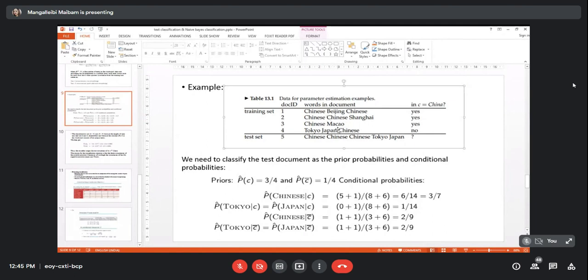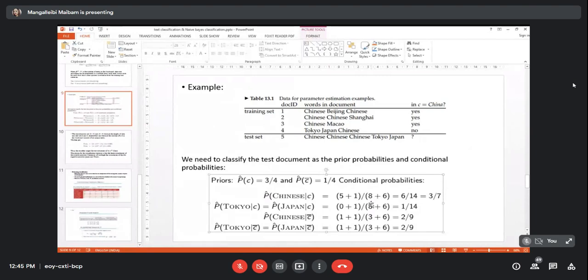For the China class, the length is: Chinese, Beijing, Chinese, Chinese, Chinese, Shanghai, Chinese, and Macau. For the China class we have 3 documents, so it will be 8. 1, 2, 3, 4, 5, 6, 7, and 8. Clear?